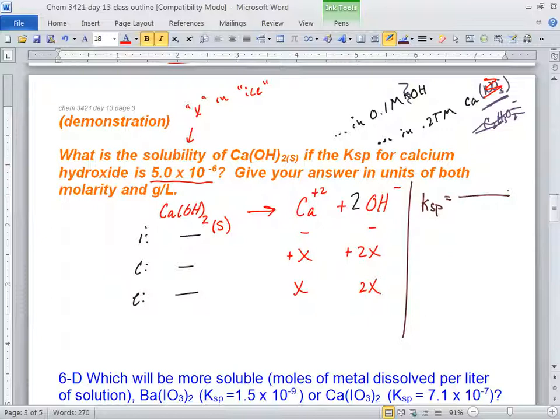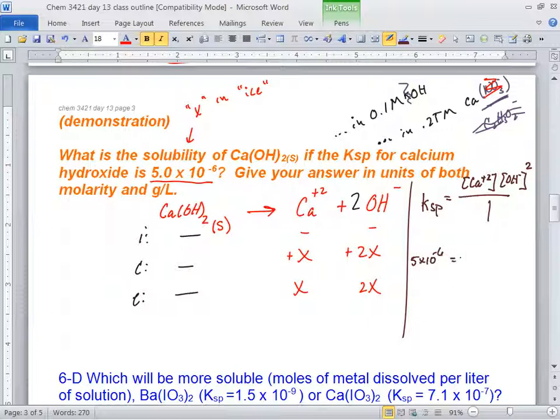Concentrations of products over reactants, so it would be calcium in brackets times hydroxide to the 2 all over 1. Perfect. Okay. They said the Ksp is 5 times 10 to the negative 6.